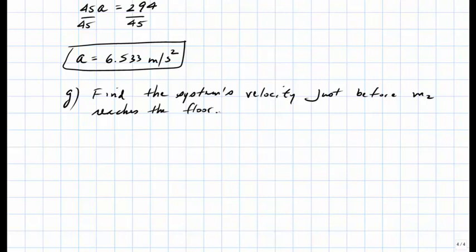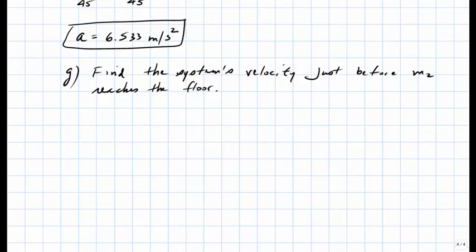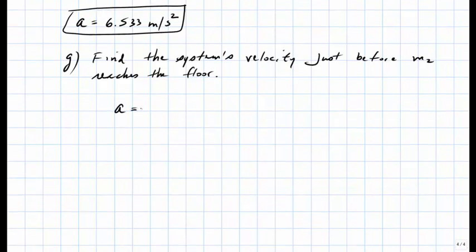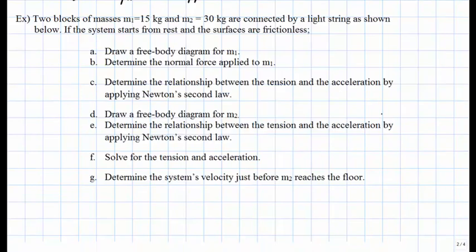Well, let's take inventory of what is known. First of all, we just determined the acceleration. It has a value of 6.533 meters per second squared. We also note that in the original text, the system starts from rest. So that means V0 equals 0.